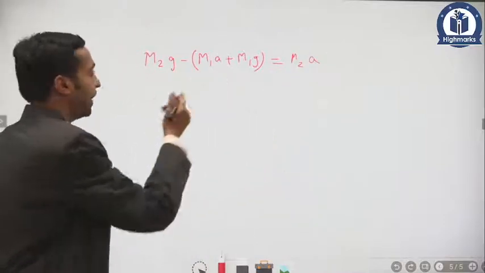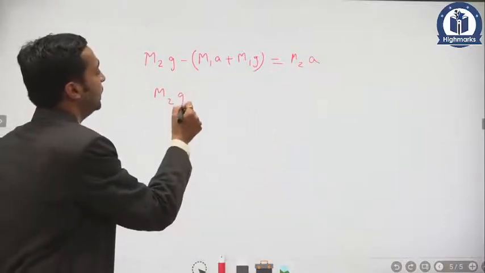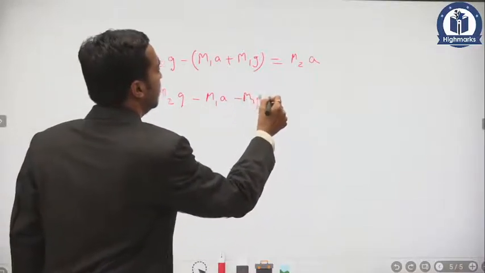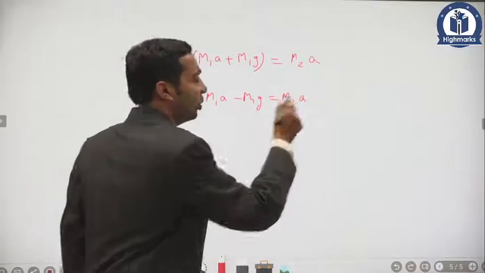Now open this bracket, what we will get, M2g minus M1a minus M1g is equals to M2a.